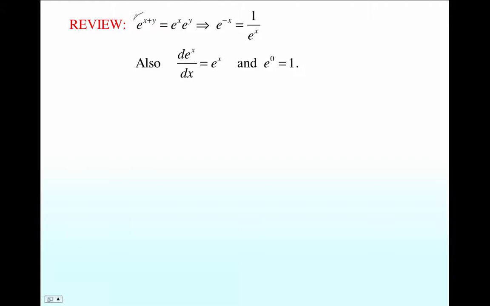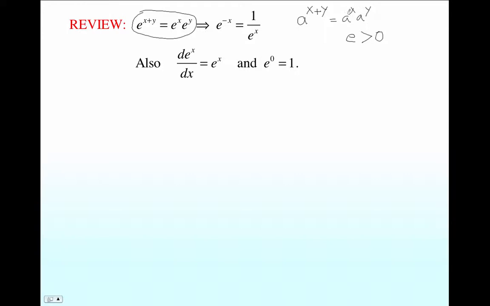Let me quickly review what we've learned so far. First of all, that e to the x plus y is e to the x multiplied by e to the y. And that's because of the definition that we had earlier. Now, there's one thing that I should have said earlier, but it's not too late even now, that e has to be a number that is positive.